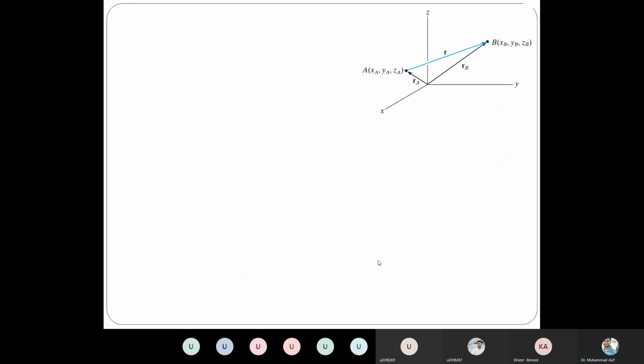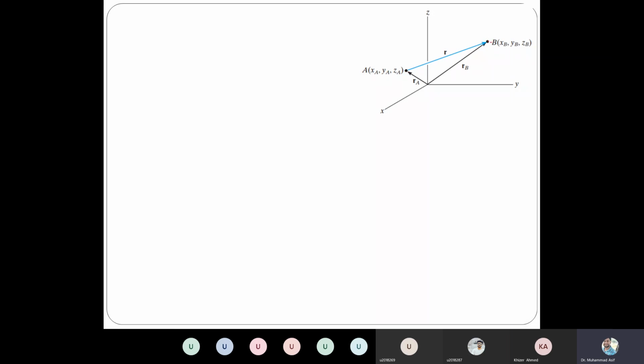Not only can we specify the position vector of any point in space with reference to the origin, we can also specify it with reference to any point in space. Let's say we have 2 points, point A as well as point B, right?